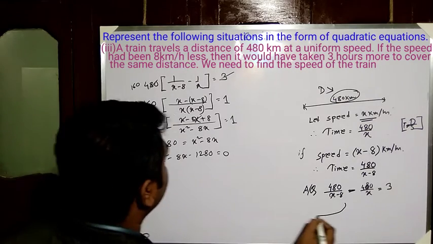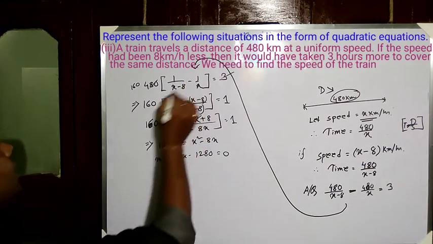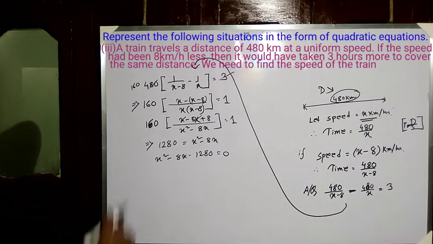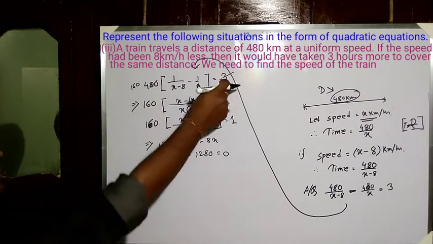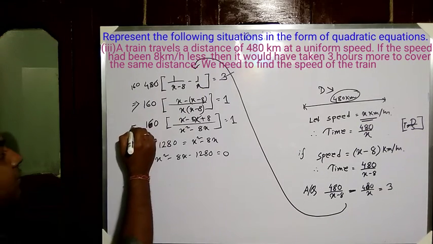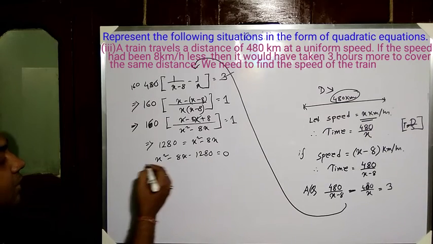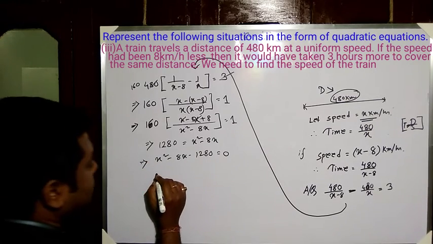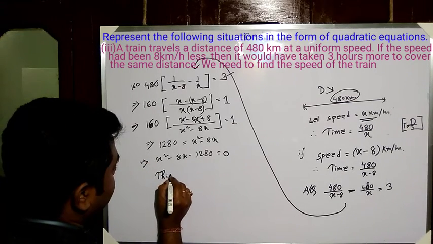After that, I will solve this one like this. Take the common 480. 3 cut 480, 160 there. So after solving this, I have the equation. So write, this is the quadratic equation.